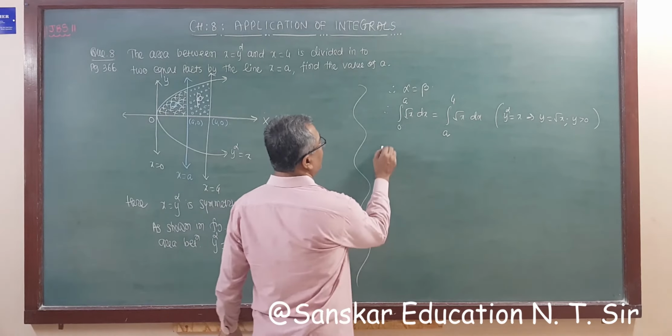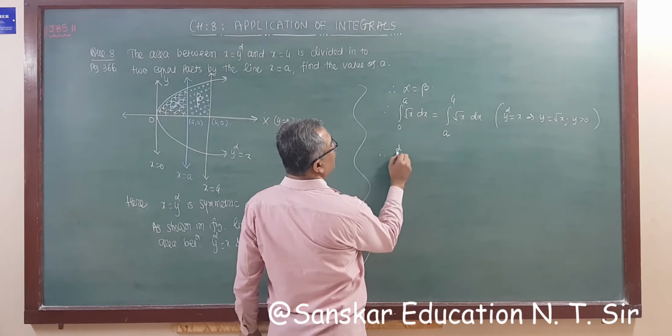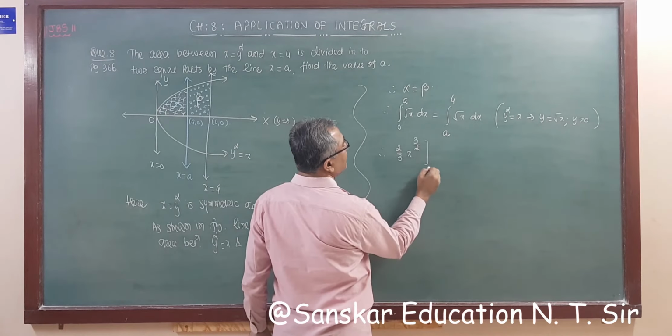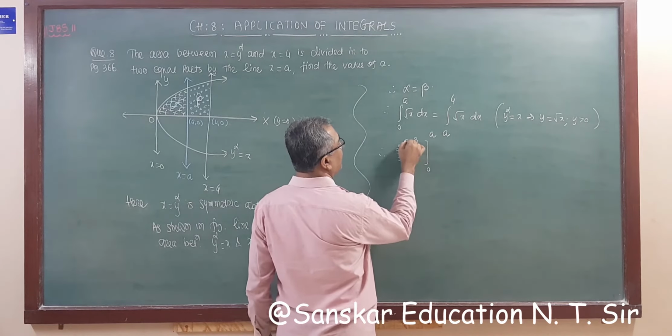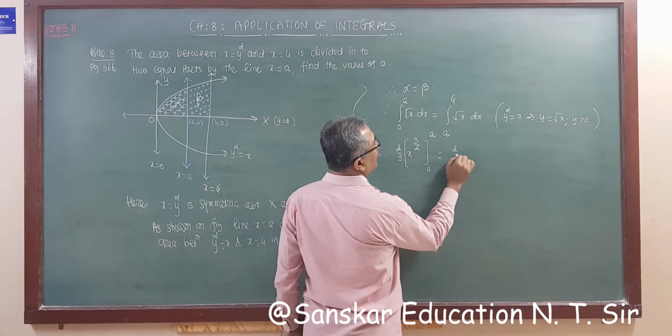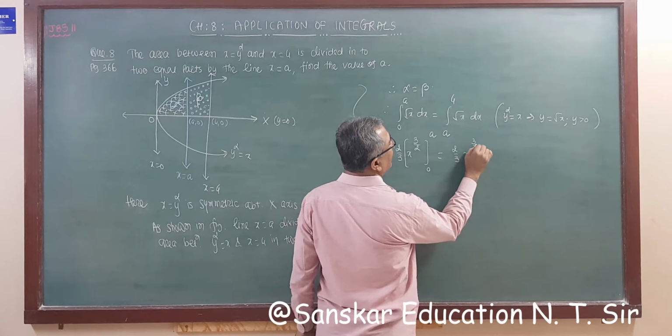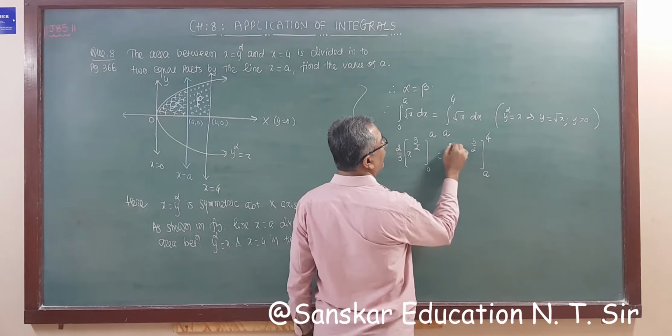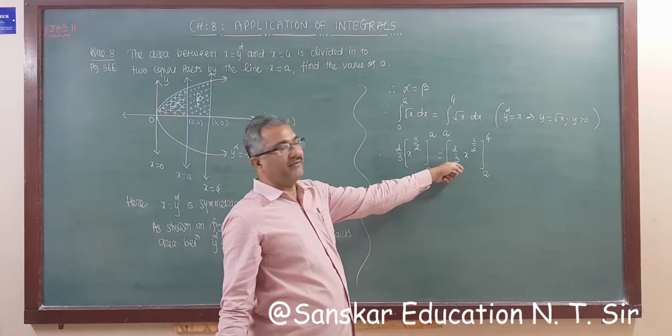Okay, so what we get? Integration of this is 2 by 3 x raised to 3 by 2, and the limit is from 0 to a, is equal to again 2 by 3 x raised to 3 by 2, but the limit is different, that is a to 4. So this 2 by 3 will be cut.